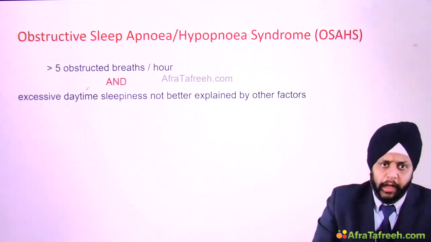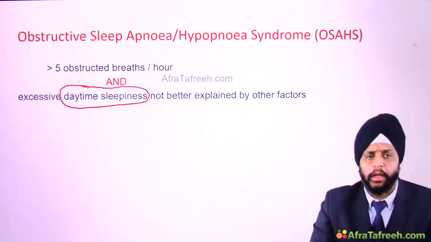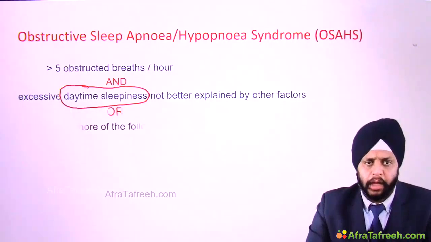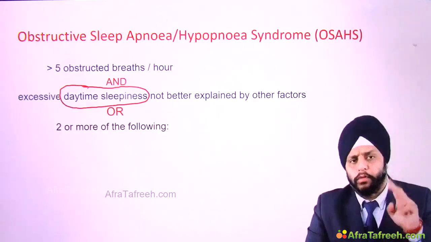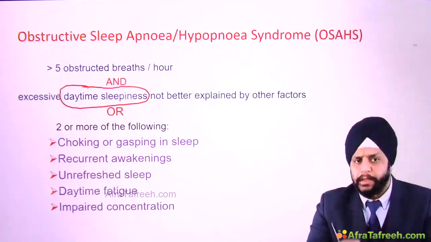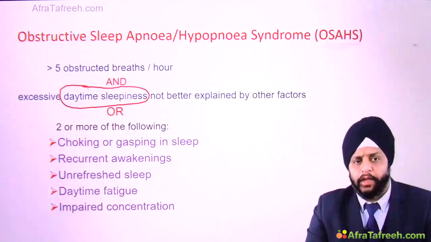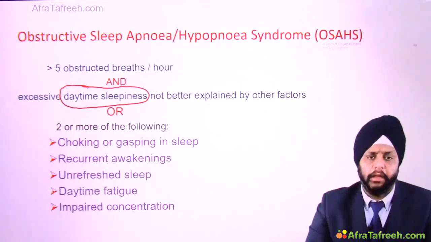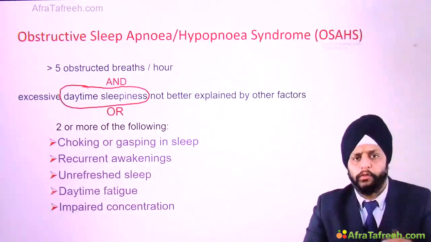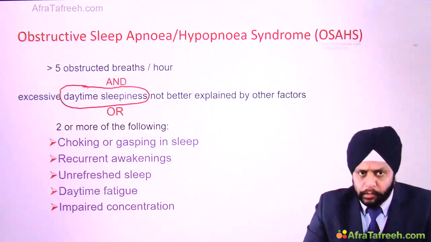So this is important. That means despite sleeping for 7-8 hours or more, he's having excessive daytime sleepiness, right? Okay, or the patient may have 2 or more of the following: choking or gasping in sleep, recurrent awakenings, unrefreshed sleep, daytime fatigue, or impaired concentration. So 2 or more of these should be present, then only we'll consider it as OSAH syndrome.